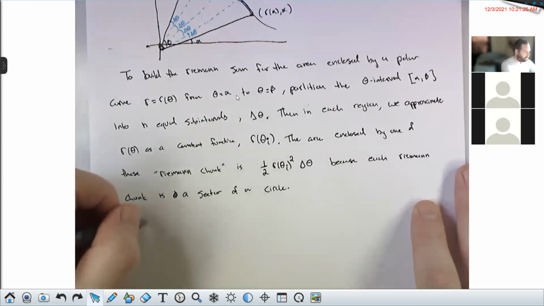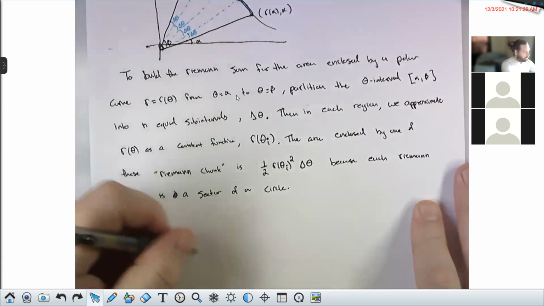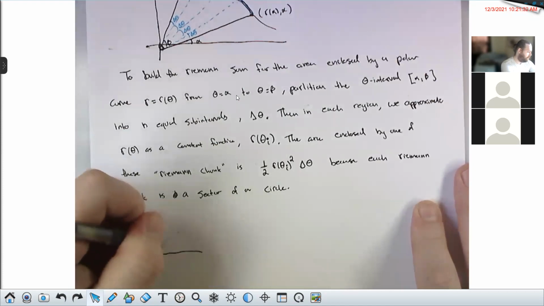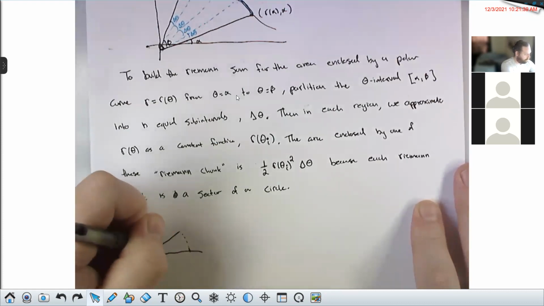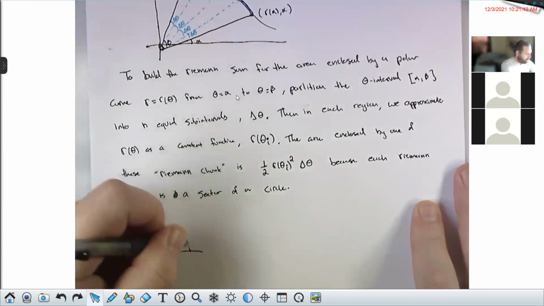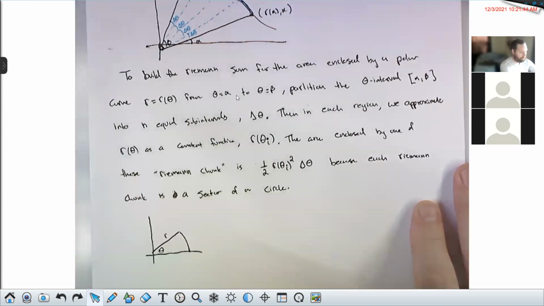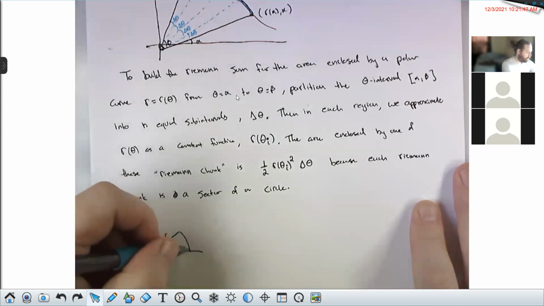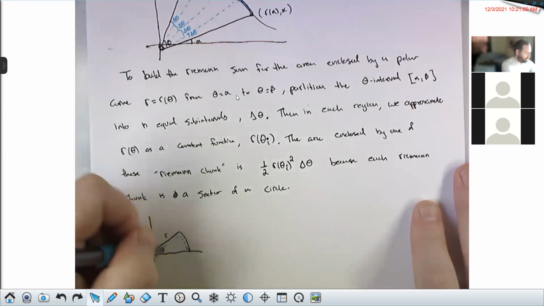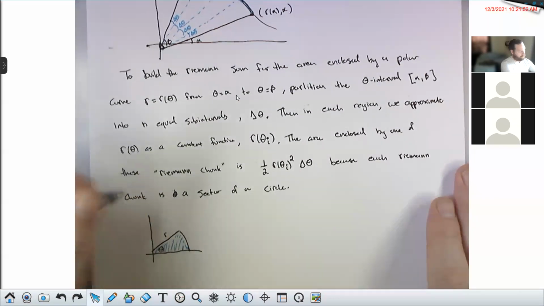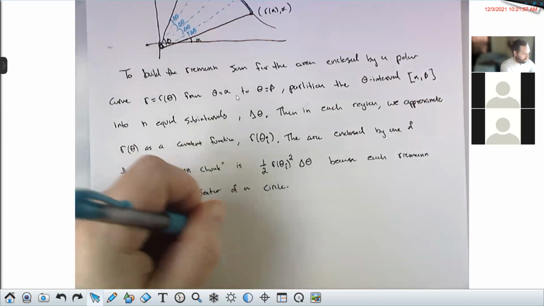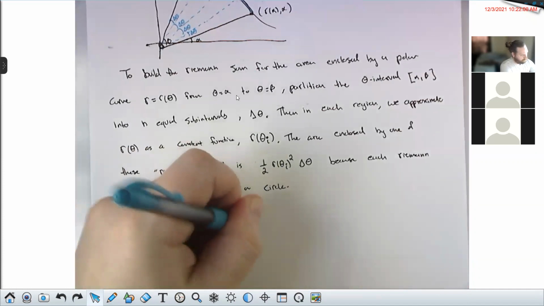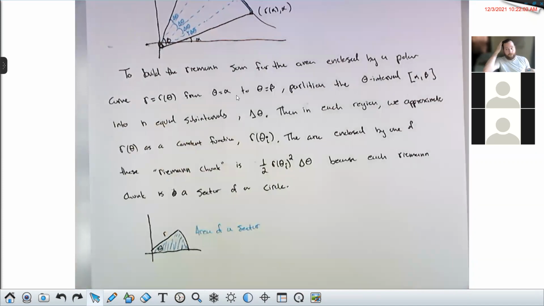And if you remember how to find the area of a sector of a circle from your geometry classes, if this angle here is theta, and this is a sector with radius r, then this area in here should be pi r squared when theta is 2 pi.